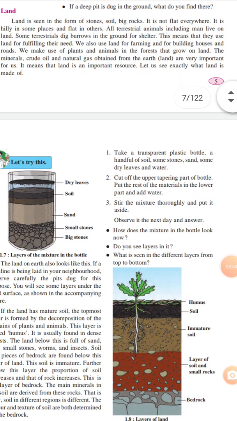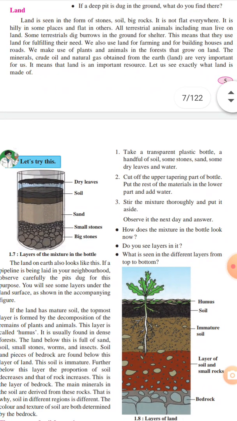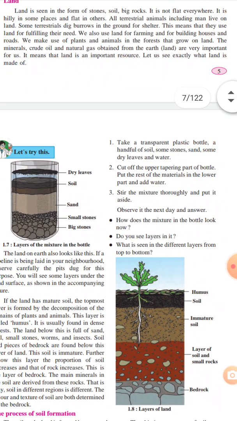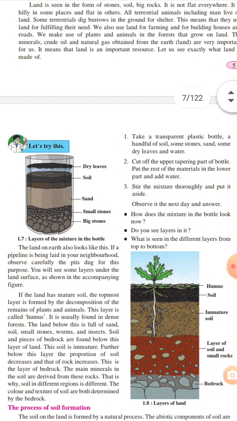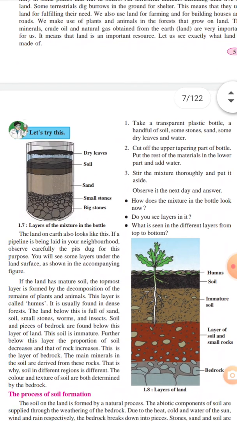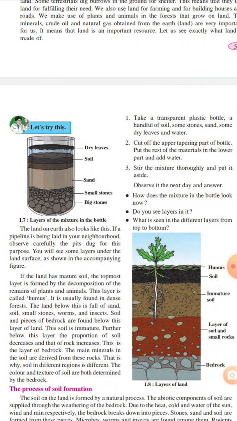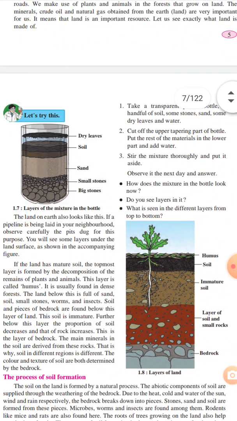What they said: first, take a transparent plastic bottle, a handful of soil, some stones, sand, some dry leaves and water. Second, cut off the upper tapering part of the bottle, put the rest of the materials in the lower part and add water, then stir the mixture thoroughly and put it aside.